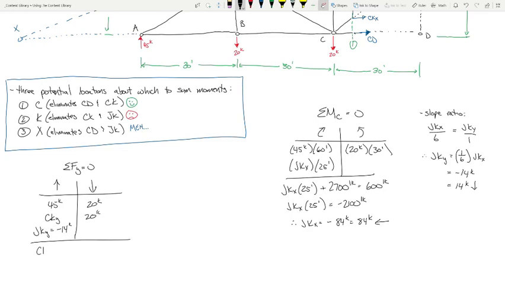So CKY plus, okay, so I got 45 kips minus 14 kips. So CKY plus, what do I have here? I've got 45 and 14, what is that, 31?